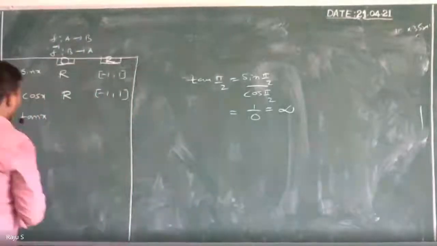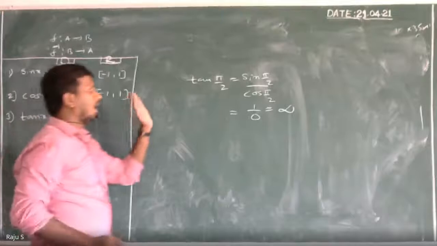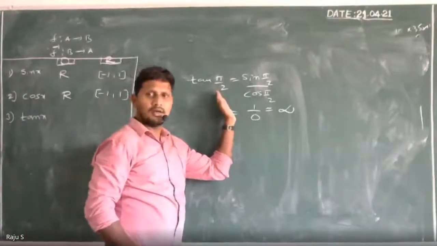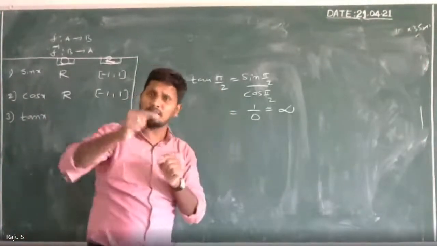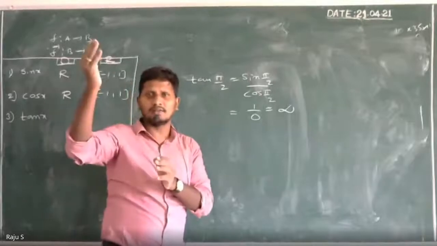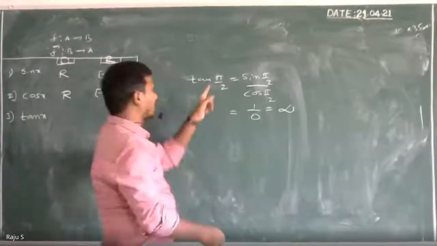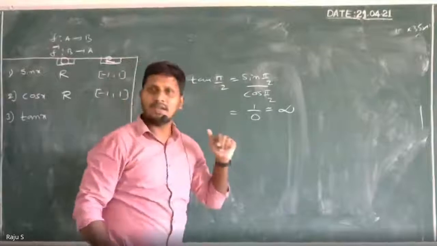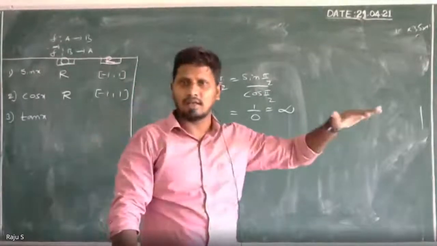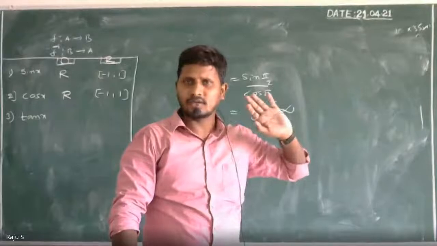So in that case, we can remove these values. For the remaining values, it will be finite and defined. So till tan 89.999, it will be defined.